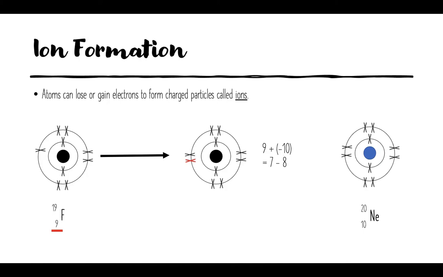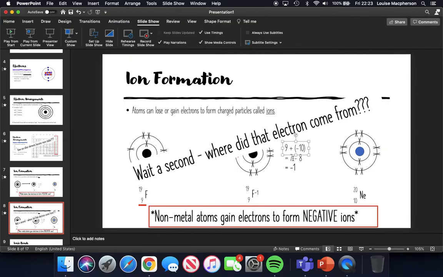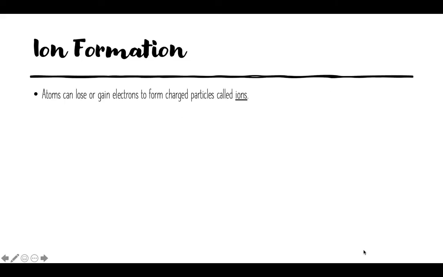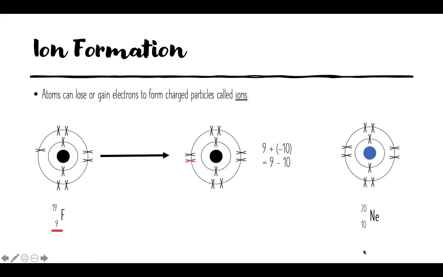When we add those numbers together, we get 9 minus 10, which is negative 1, which means that our overall charge on our fluorine ion is minus 1.